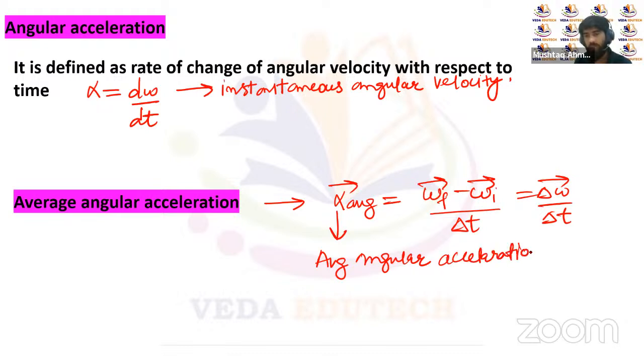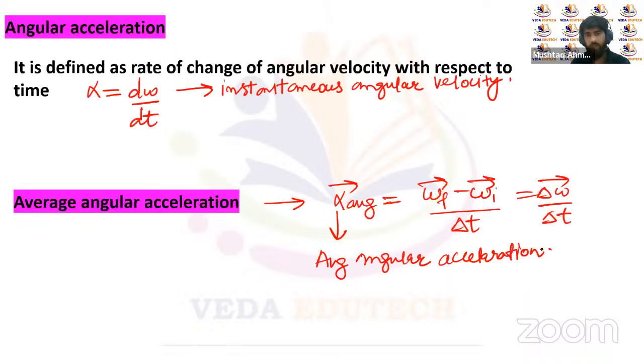This will be the average angular acceleration. So the average angular acceleration is defined as the final angular velocity minus the initial angular velocity upon the time interval. So omega final minus omega initial upon delta t will give us the average angular acceleration, and d omega upon dt will be the instantaneous angular acceleration of a particle.